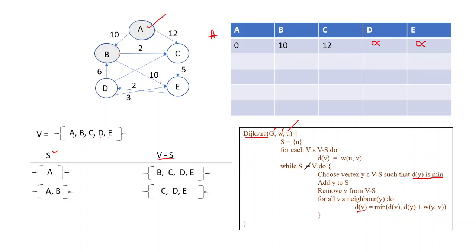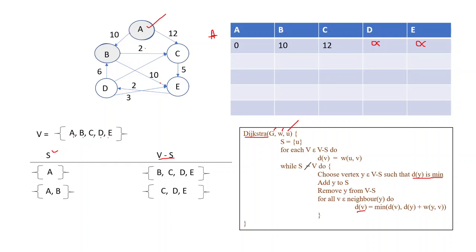Now the distance from B to C is 2. In order to find the distance from A to C via B, we need to compute the path cost from A to B, that is 10, plus the path cost from B to C, that is 2. That becomes 12.